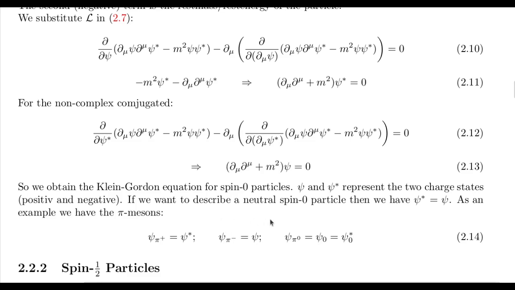And to represent a particle with neutral charge, with no electrical charge, in this case we have psi star equal to psi, and that means for the pi 0 particle we have to set psi equal to psi star. Okay.